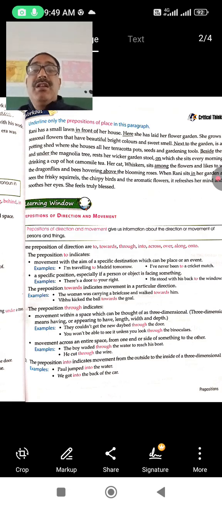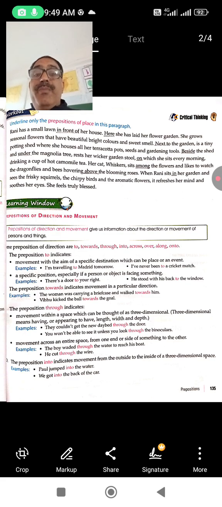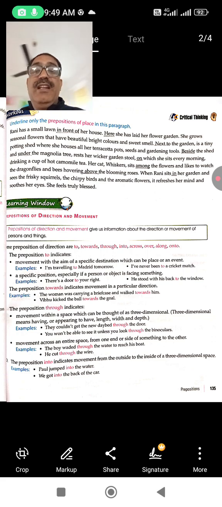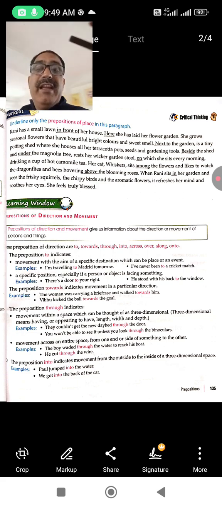Some prepositions of direction are to, towards, through, into, across, over, along, onto. What does the preposition to indicate? To indicates movement with the aim of a specific destination, which can be a place or an event.